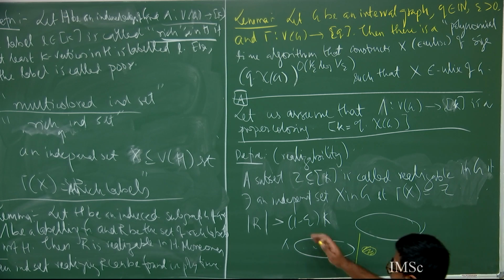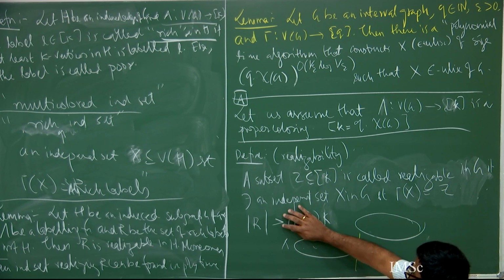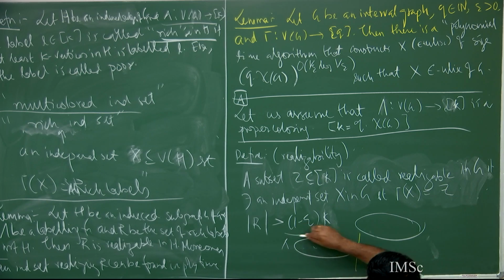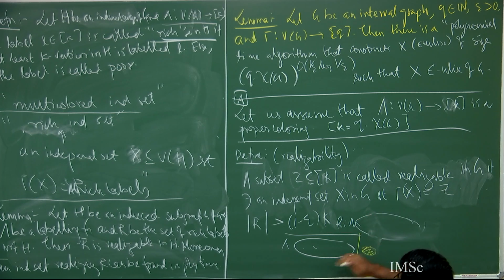Suppose this is the divide of rich labels, and this is the divide of poor labels, poor people.